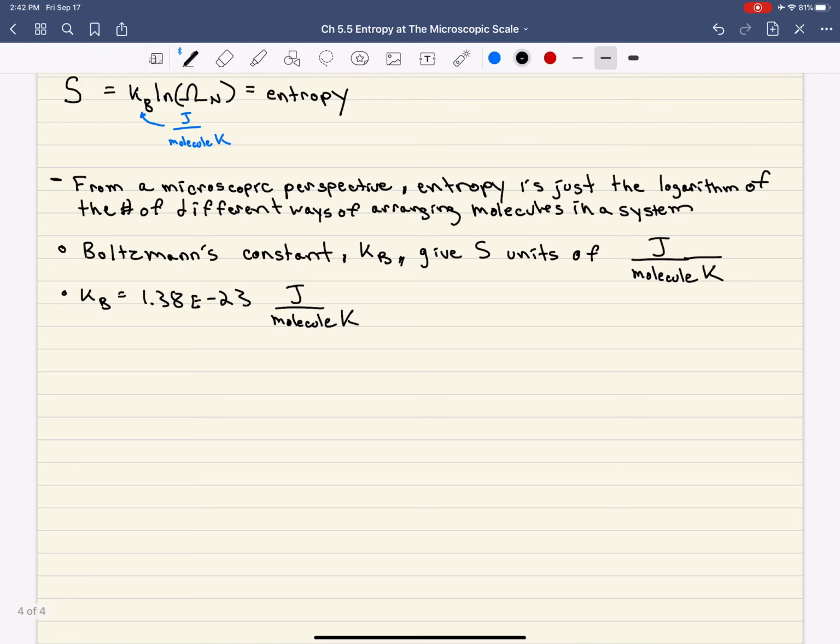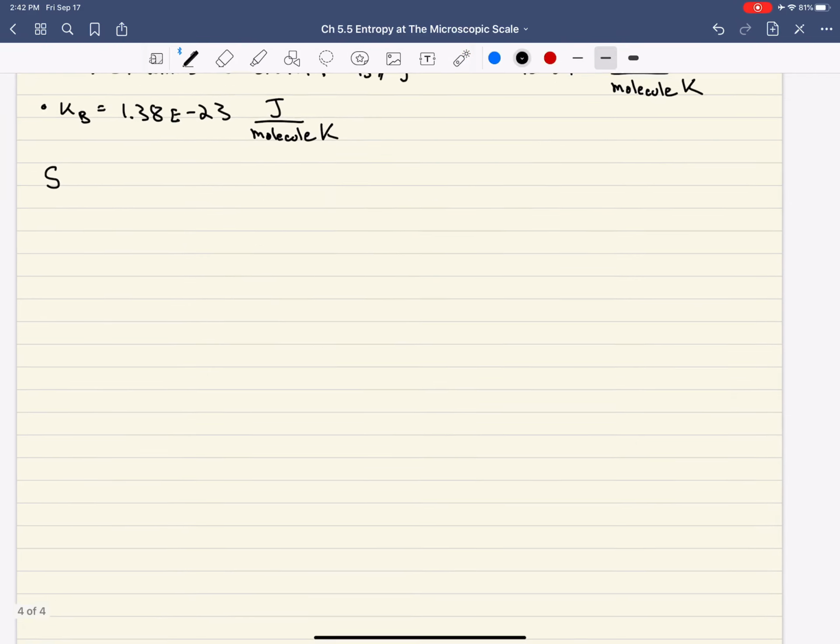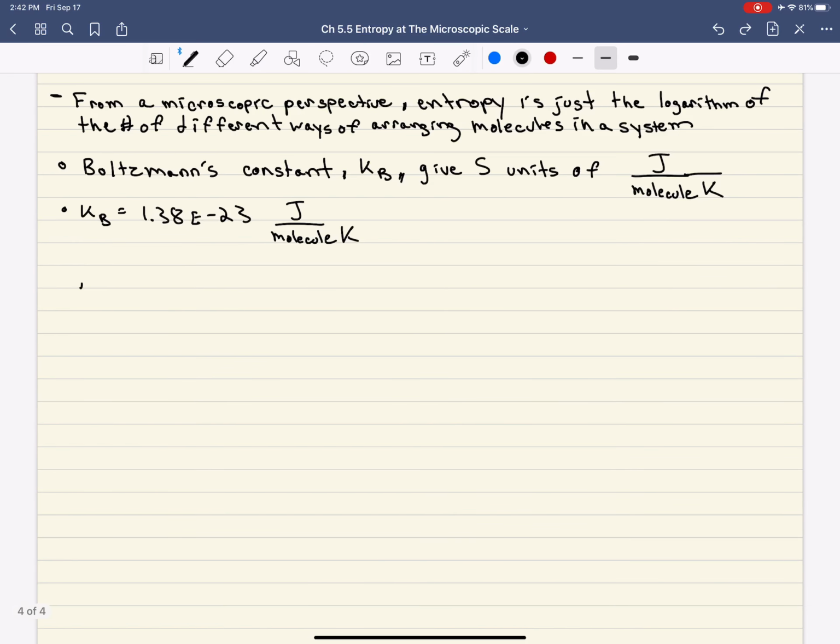But if we multiplied that equation by Avogadro's number, we would see that the units we get for this, so Avogadro's number is the number of molecules per mole, so let me rewrite this to be clearer.